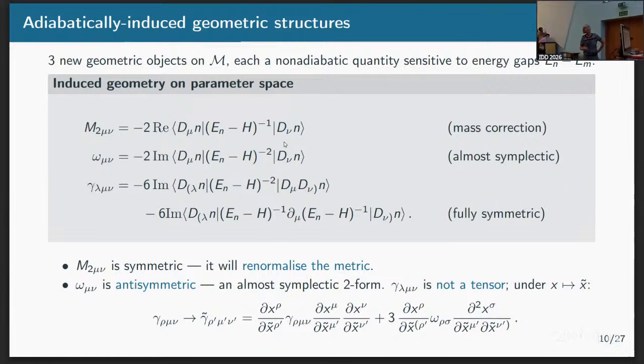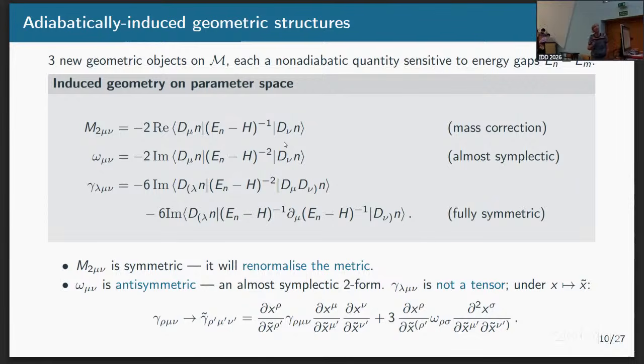However, in our system, it's almost symplectic in the sense it's not closed. D of omega is not zero. And we assume it's invertible because we assume that in our approximation, the energy levels will not cross. Otherwise, you have to be more careful. You can still do the thing, but it requires more work.